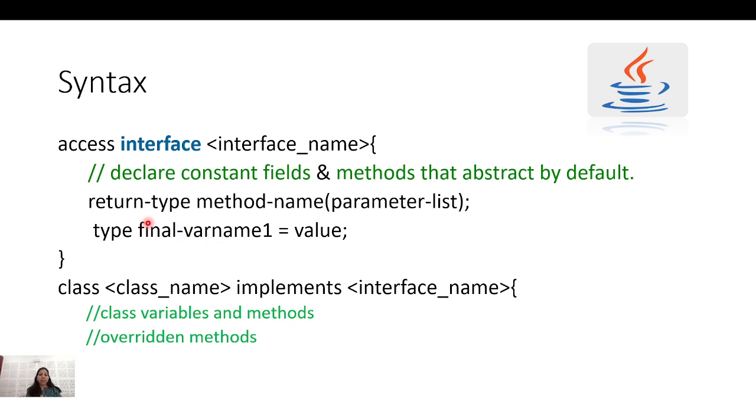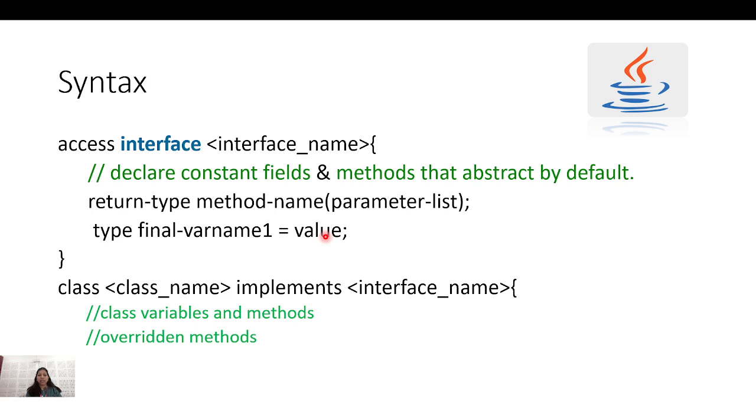In the method declaration I'm going to have the return type and the method name with the parameter list if I am having one. Then the variables: the type of that variable, final, and the variable name.